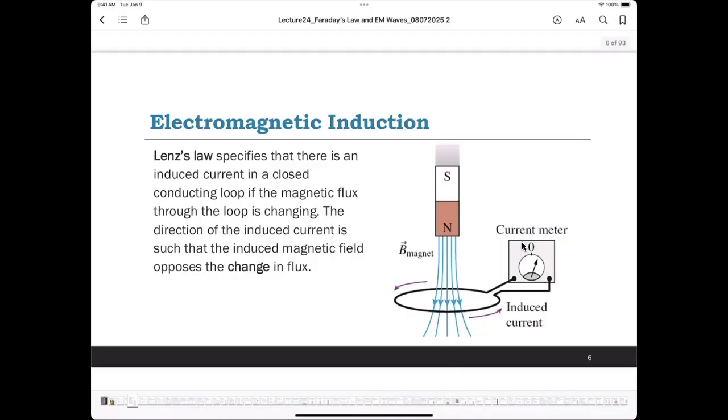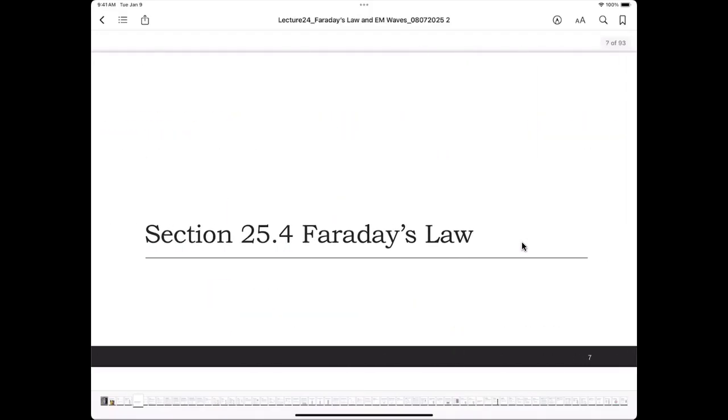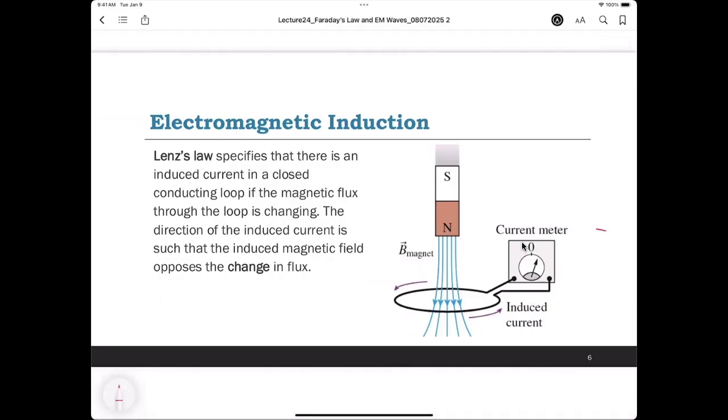Which means if this bar magnet goes into this loop, the loop will generate an opposite magnetic field. So the direction will be this one, and then you use the right hand rule, and you will find the current direction is this one.